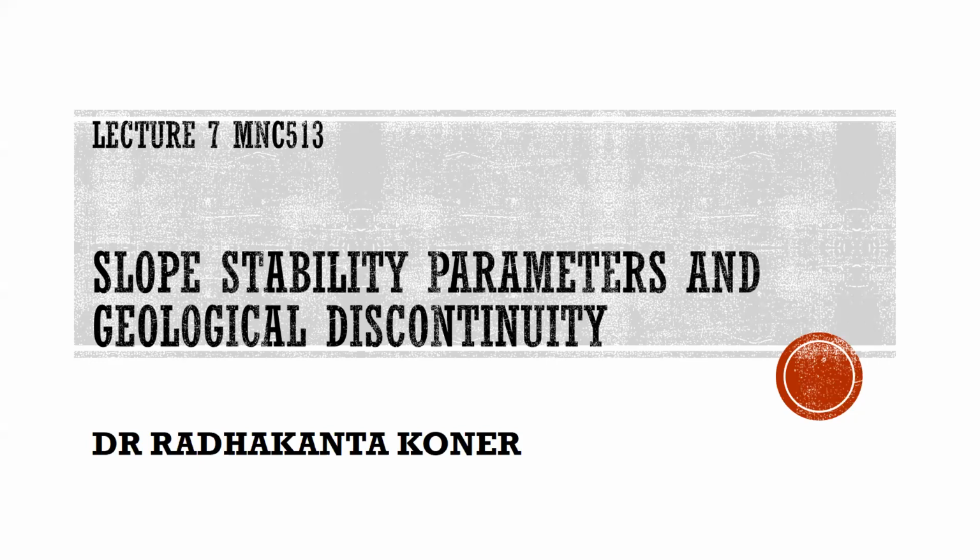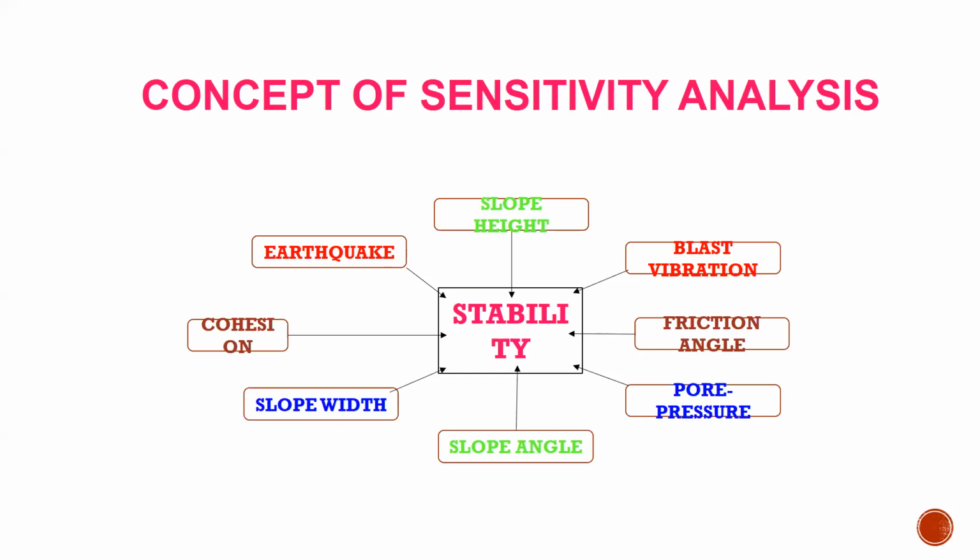Okay. Now let me concentrate on the new topic, the slope stability parameters and the geological conditions. First, we should learn what the different parameters are that are principal and very sensitive in controlling stability.